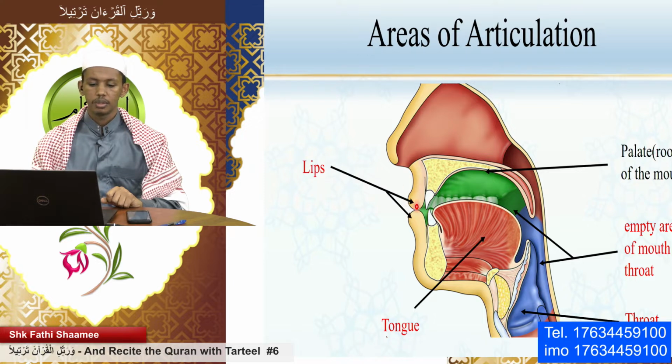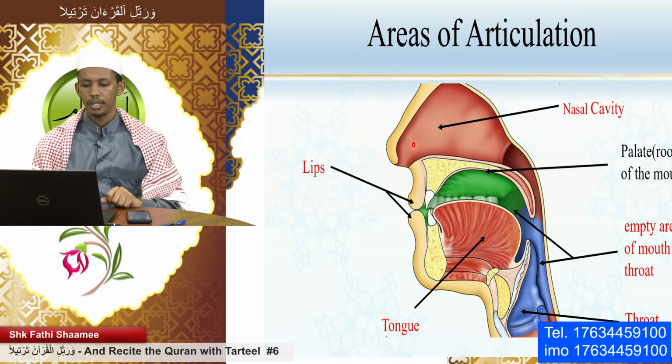And then the lips, right? These are the lips. I think this is fairly straightforward. And then the nasal cavity is up here. The nasal cavity is up here, right? So the red ones here are the 5 general areas of articulation.